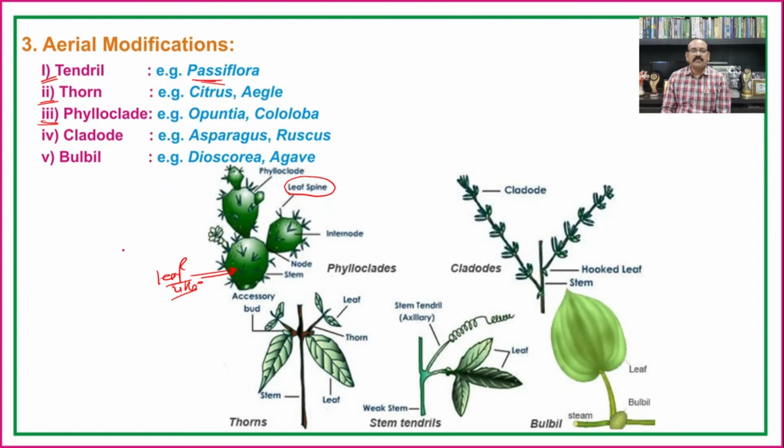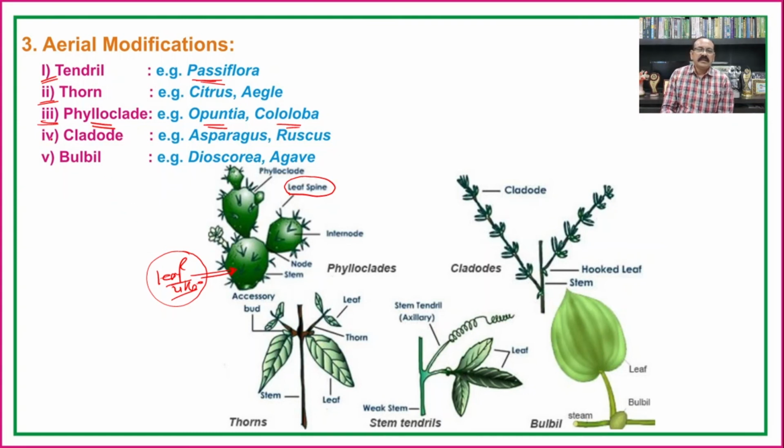Such a type of modified stem, which looks just like that of the fleshy leaves, is known as phylloclade, which is commonly found in Opuntia as well as Coccoloba.